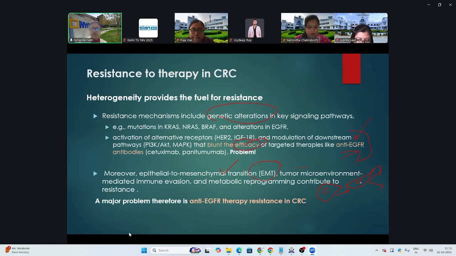So that's your epithelial to mesenchymal transition. And then the tumor microenvironment and supporting cells are reprogrammed, and therefore they contribute to the resistance. So in this kind of therapy, resistance occurs in CRC. That is very, very common, and it's happening because of heterogeneity.